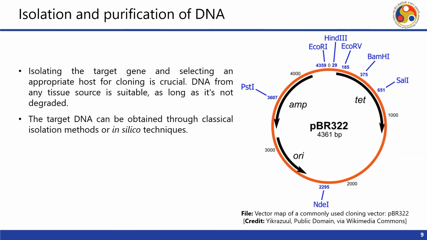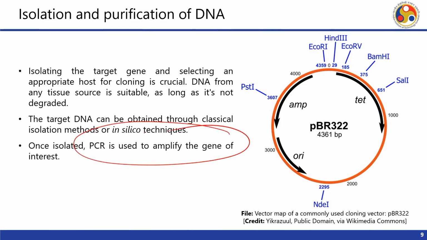Then we have the target DNA which can be obtained through classical isolation methods by established protocols, or we can also go for in silico design of our DNA sequence, and then we subsequently synthesize it in the laboratory. We get the DNA either by the methods of traditional isolation techniques or by in silico and in vitro synthesis. Then we go for polymerase chain reaction to amplify the gene of interest.